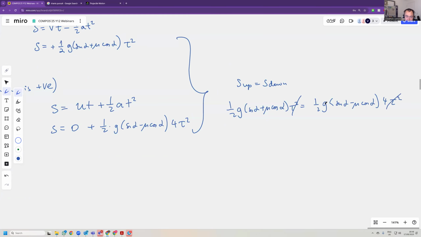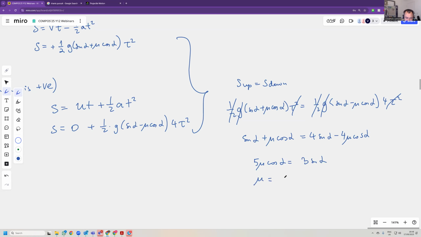Tau squared cancels, half g cancels, and we have sine alpha plus mu cos alpha equals 4 sine alpha minus 4 mu cos alpha. And here we have 5 mu cos alpha equals 3 sine alpha.